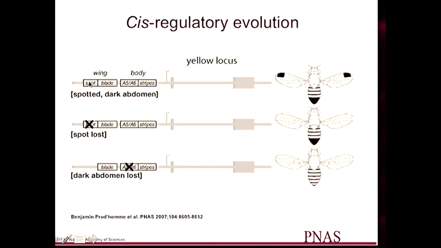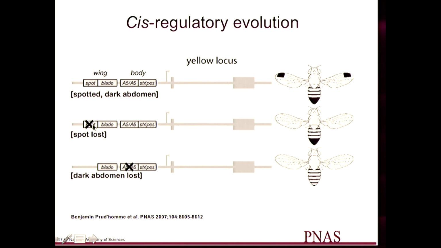So the line, again, is representing DNA sequence, and the boxes are just highlighting parts of that DNA sequence that activate expression in specific regions of the body. So the fruit fly's body. So there's a wing spot, a wing blade, different parts of the abdomen, which is the part they're referred to as body. And when we look between different species, which is what these three lines are here, different changes have occurred in these DNA sequences.